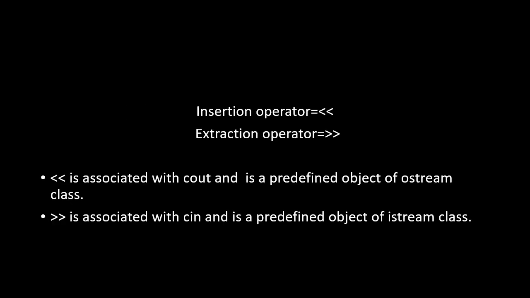Here are two operators: one is insertion and the second is extraction. The insertion operator is associated with cout, a predefined object of the ostream class, whereas the extraction operator is associated with cin, a predefined object of the istream class.